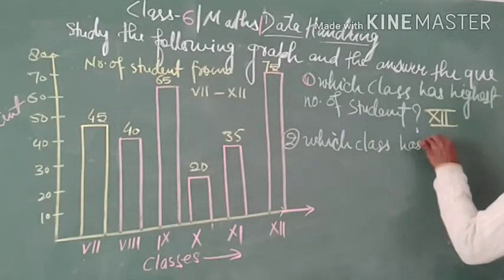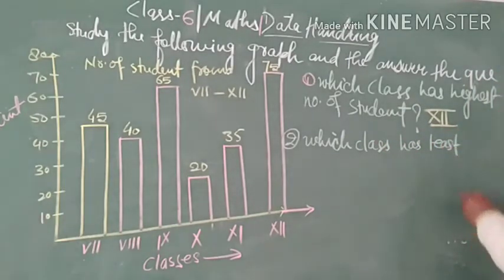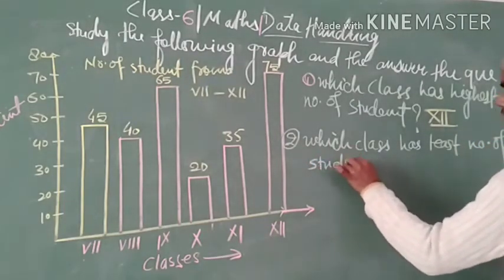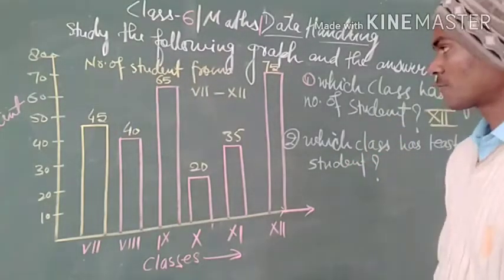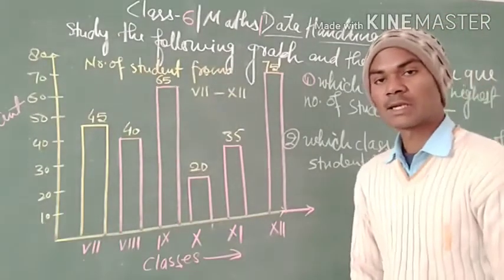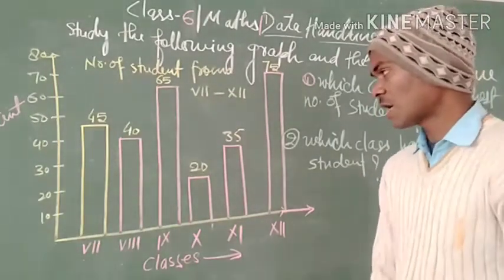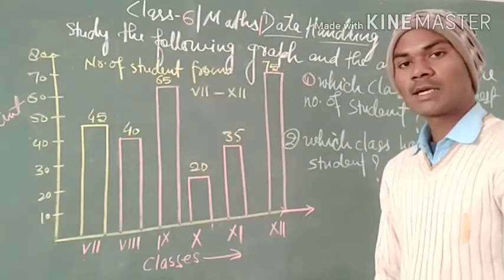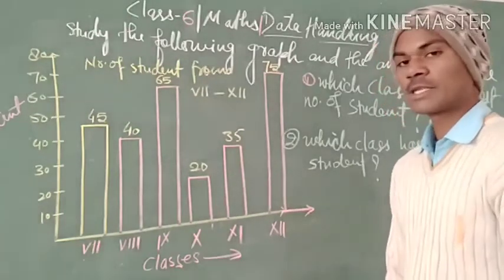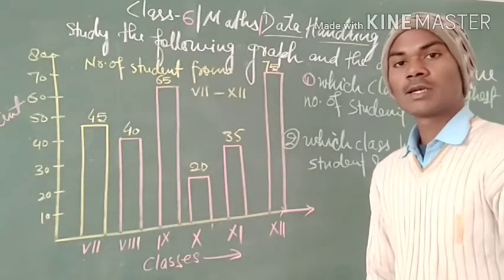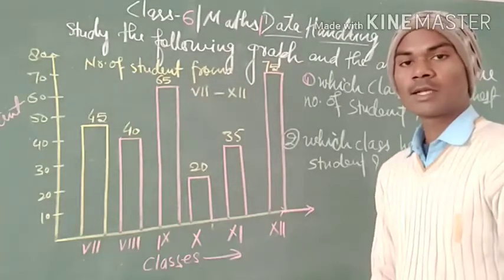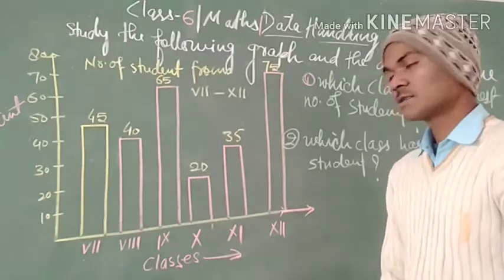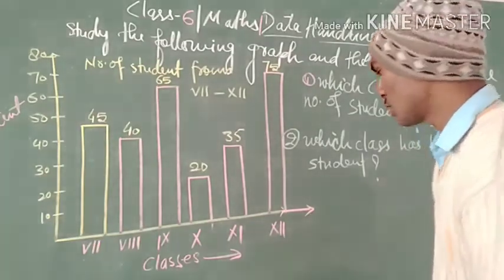From the observation, it is clear that class 10 has only 20 students, and there is no bar which represents less than 20 students.